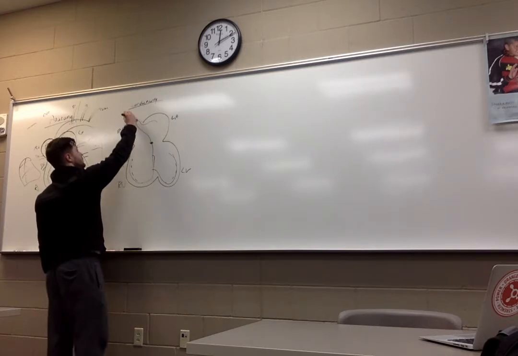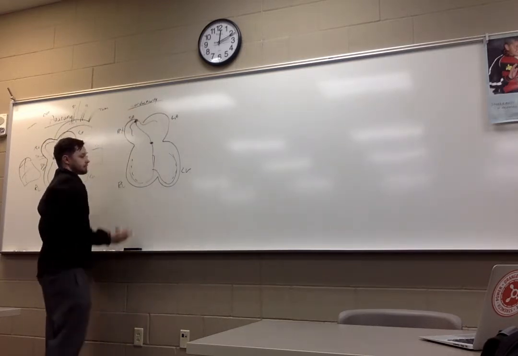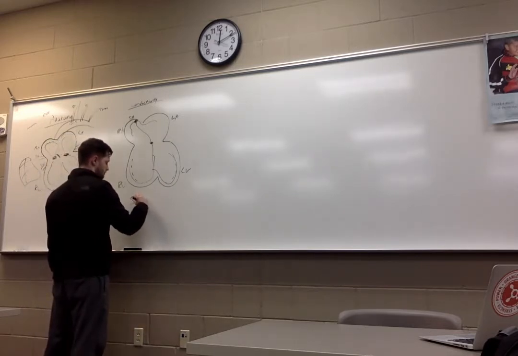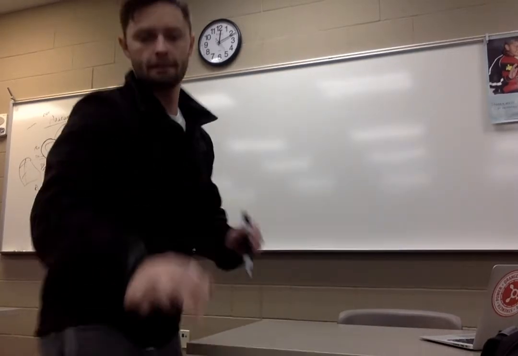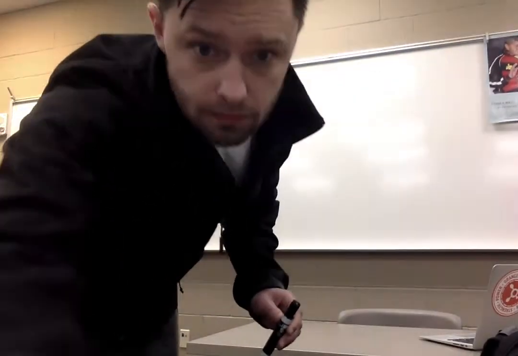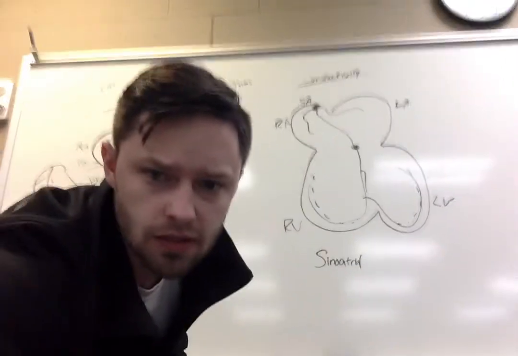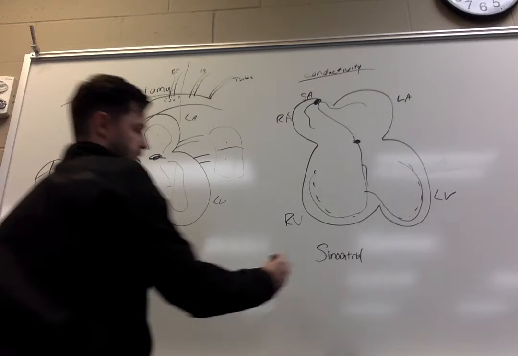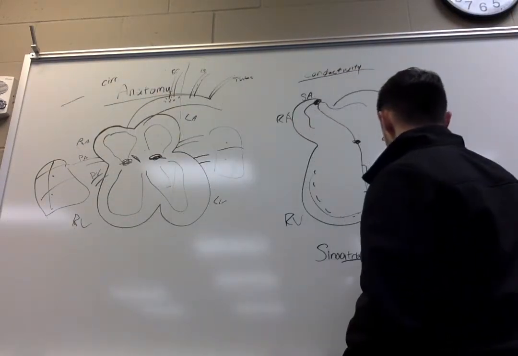This is the sinoatrial node. This is still covering anatomy. SA node, sinoatrial, is the primary pacemaker.